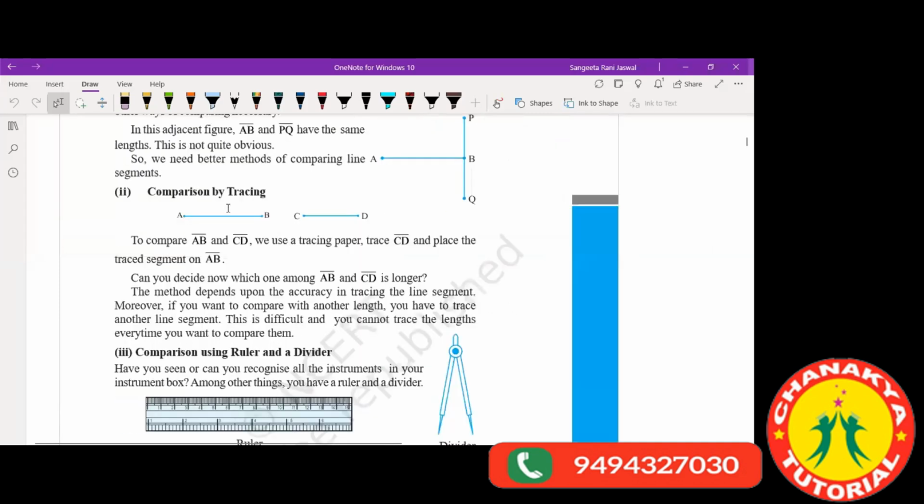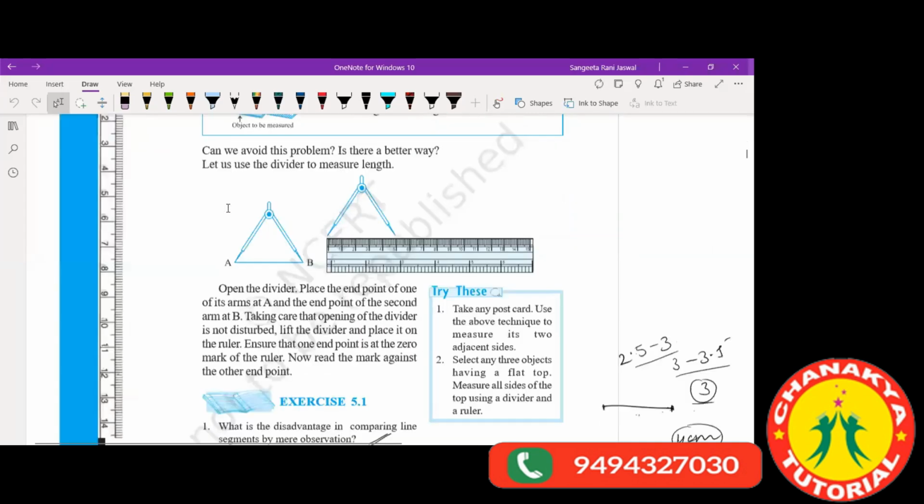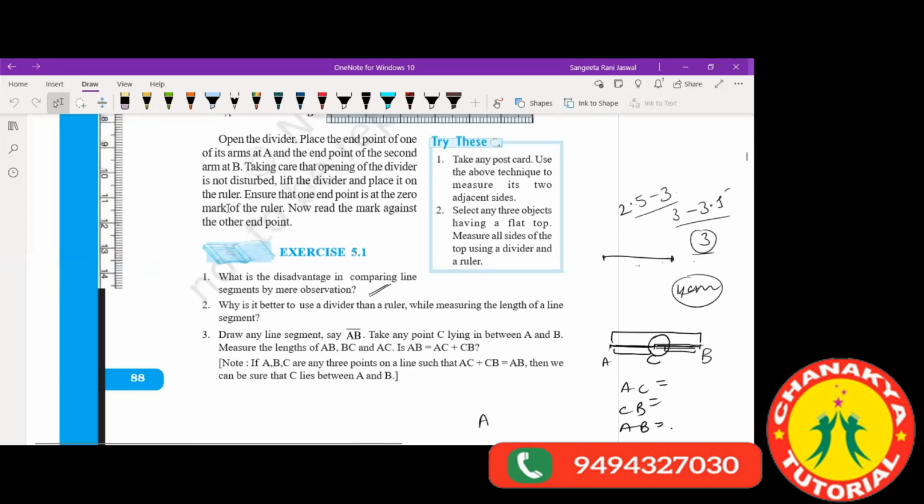So in elementary shapes, Neha, we first did how to take accurate measurements. How is it advisable to take the accurate measurement? By using a scale or by using a divider? By using a divider, okay?